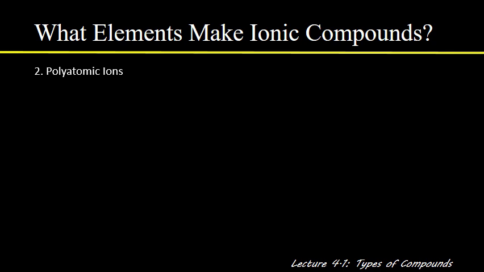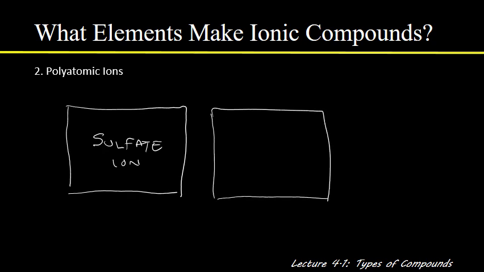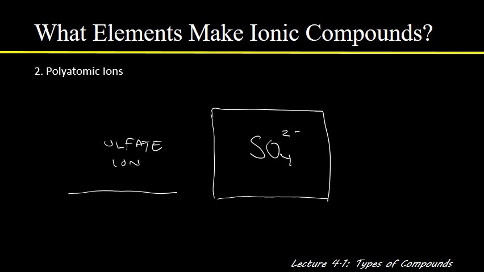So first thing I would say is I would recommend making some flashcards with the name on one side and the formula and charge on the other side. It's going to be really important that you're familiar with all of those polyatomic ions on that sheet.